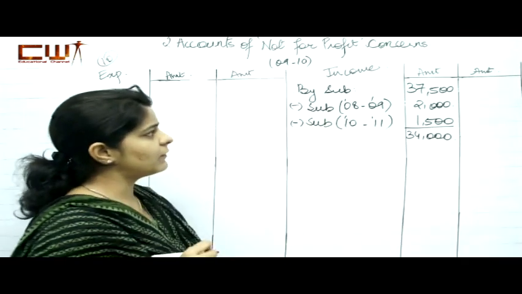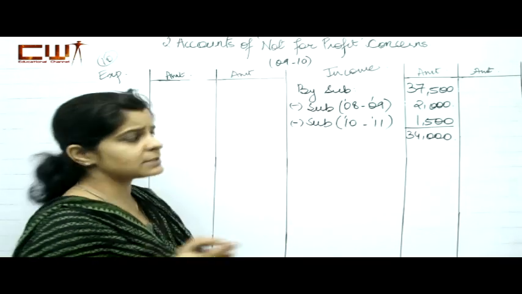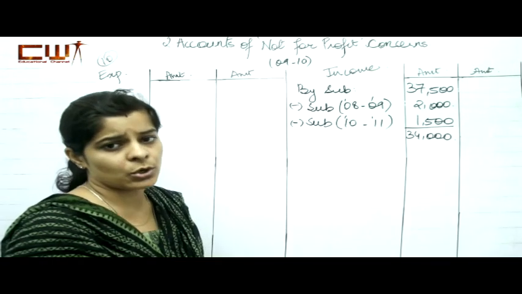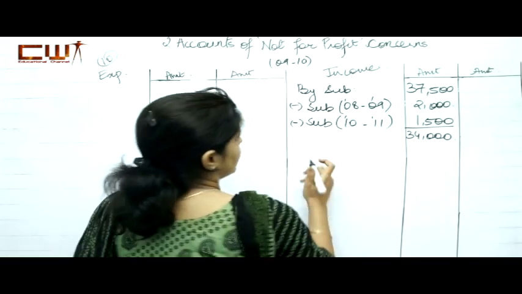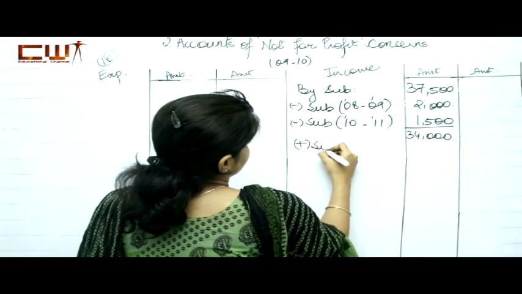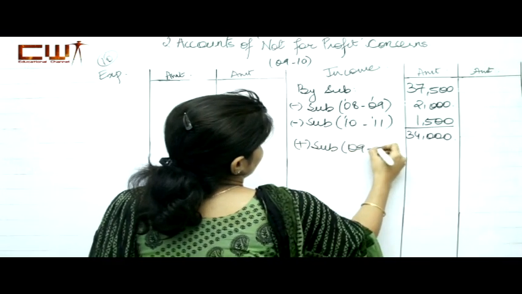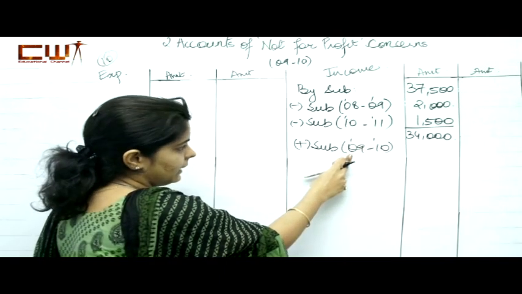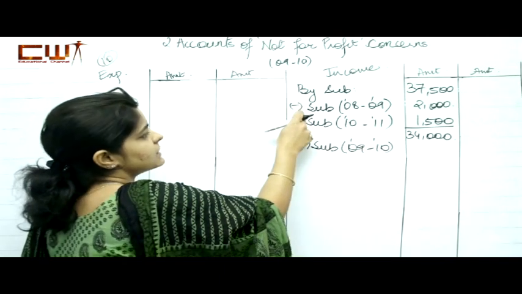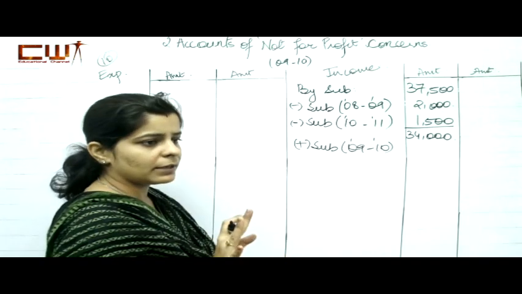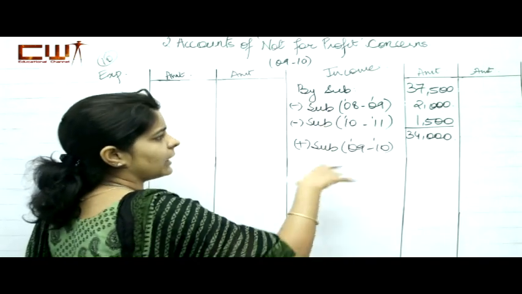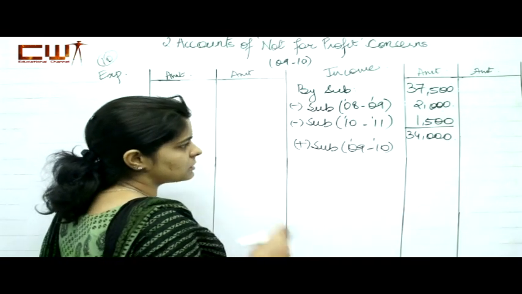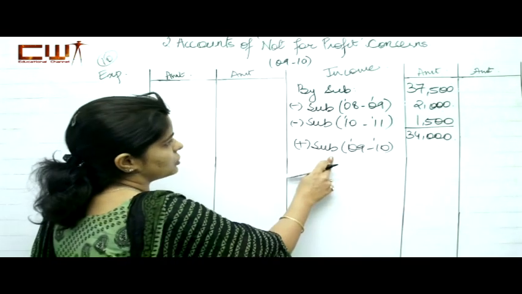34,000. Now they have given the subscription of this year. This year means 9, 10. So add up the subscription of this year, that is 9 and 10. See, this was the subscription of the year 9, 10, which was already received in 8 and 9. No matter whether you receive the subscription in 8 or 9 or 10 or 11 or any other year, if it is related to this particular year, you are going to mention it.